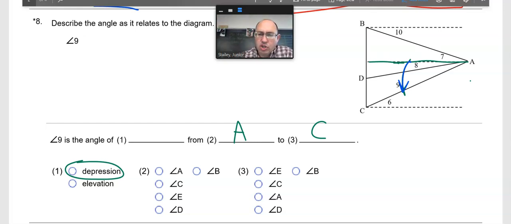It's an angle of depression because it's being measured from the horizontal down, and it goes from angle A, I guess that's from A to C, right? From A to C. Starts at A, goes down to C. I don't know, that's kind of a weird way to say that. I was thinking they were going to say it's the sum of 8 and 9, or something like that, but they didn't. So from A to C, and that's an angle of depression. If it was from C to A, that'd be an angle of elevation, right? Like number 6.